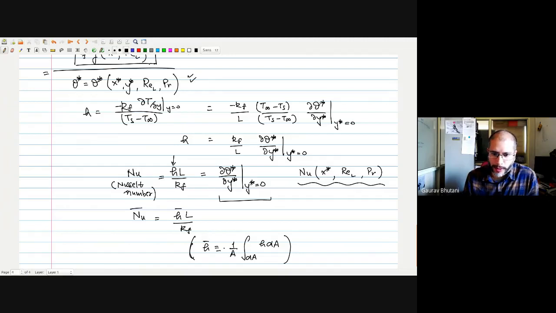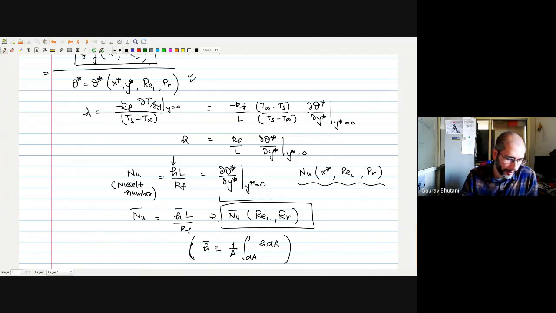Since the h bar involves the integration over the plate surface area, which includes the length of the plate, h bar is not a function of x star anymore, because it has been integrated out. The x star parameter has been integrated over the complete length L. So the average Nusselt number is only a function of the Reynolds number and the Prandtl number, just like the average skin friction coefficient is only a function of the Reynolds number in fluid mechanics.